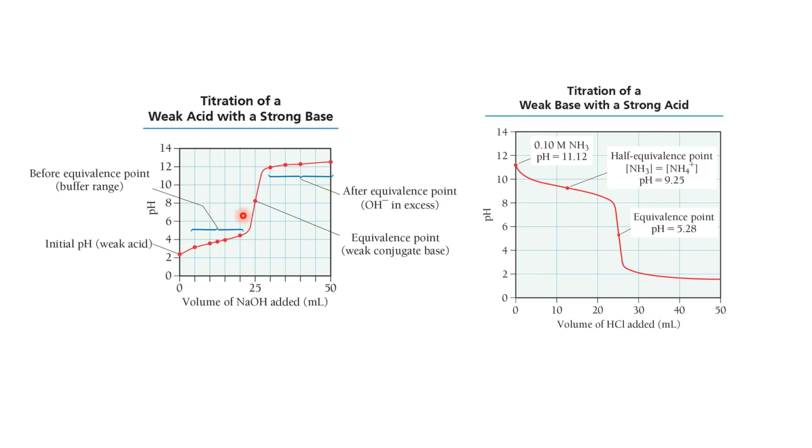Well, look at the equivalence point. If the equivalence point is 7, you know you're titrating a strong acid. If the equivalence point is not 7, you're titrating a weak acid, right? These are the kinds of things you need to think about, right?